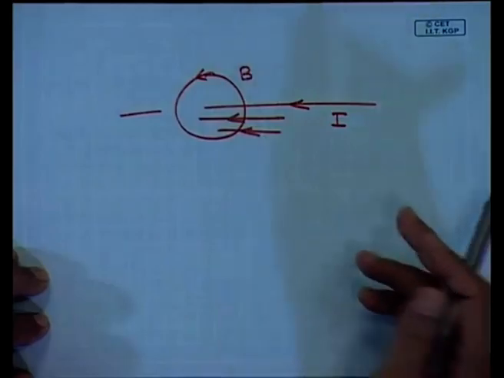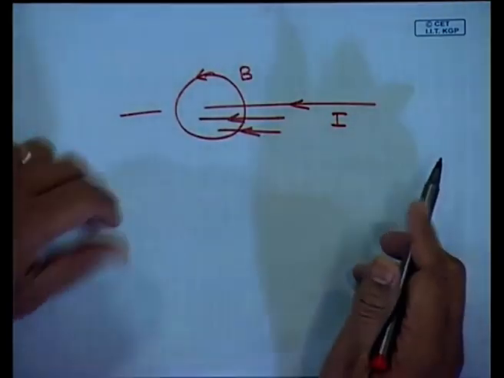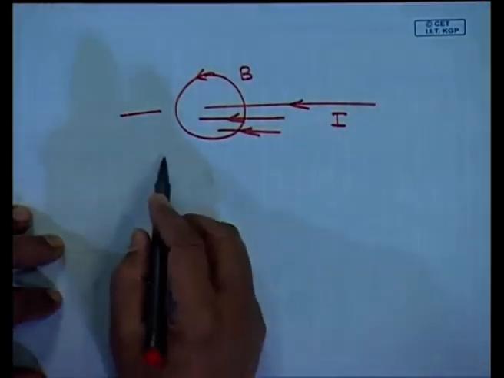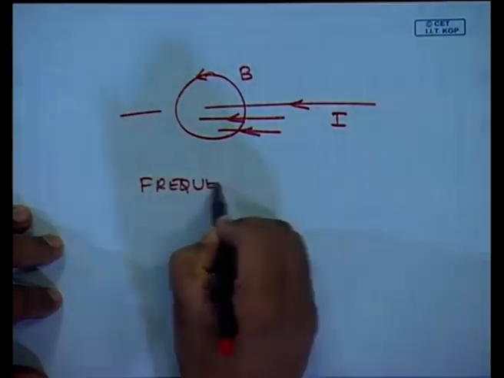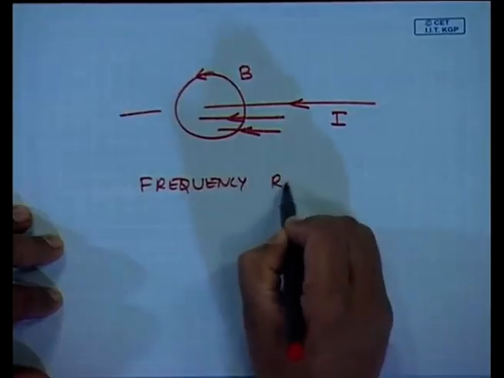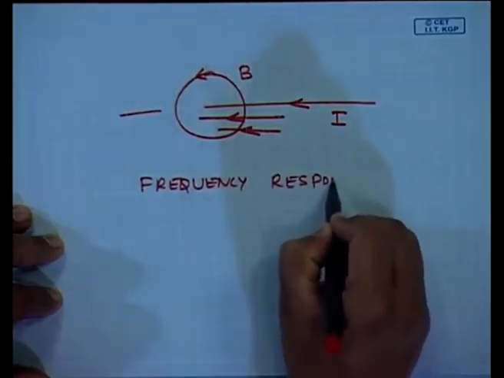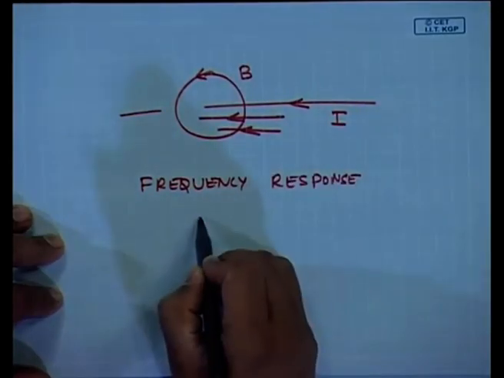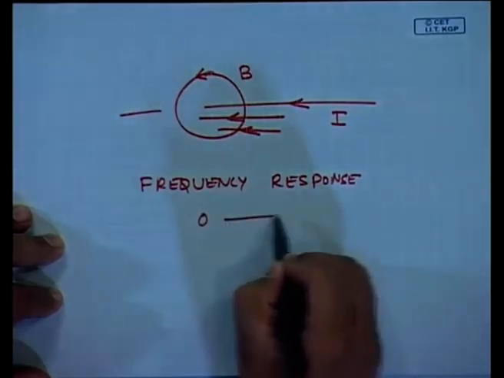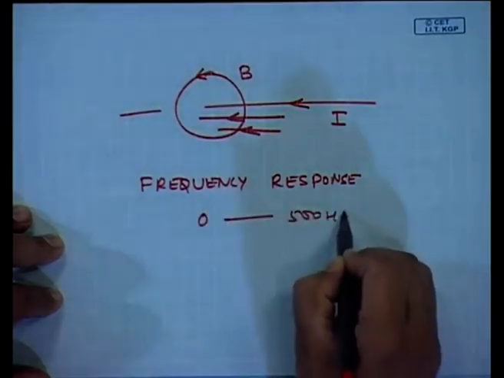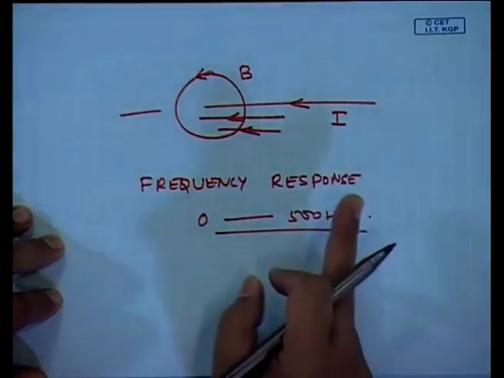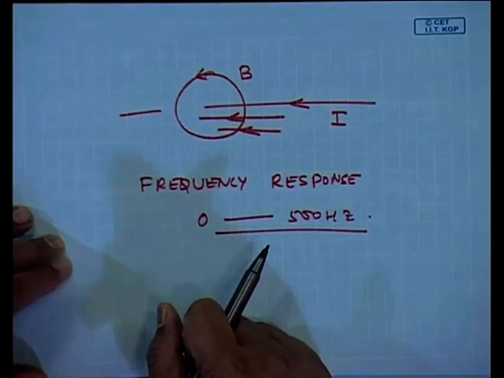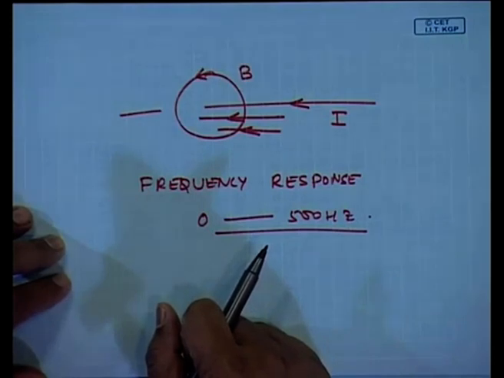So, the output will increase, and I can always zero set it. The advantage of this is it has a good frequency response, almost from 0 to 500 hertz you can measure with such a current carrying Hall effect sensor, which is not possible with an ammeter.